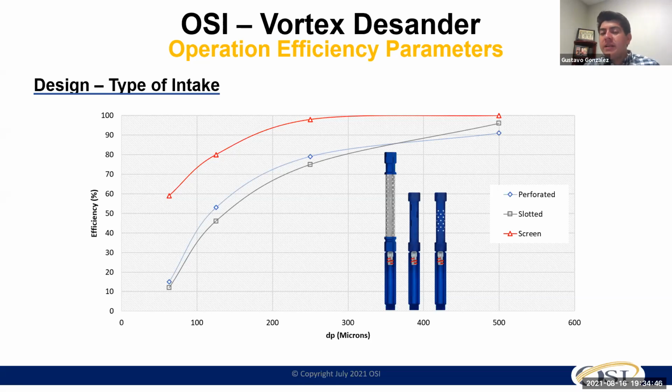So we talked about the design, or the type of intake that I can have, and there is always a relationship also with efficiency. We already talked about the efficiency just for the desander, but when I choose a different intake, we're going to see that the reason you maybe will see a higher rate or a higher efficiency when you use the screen is because now you're regulating more the fluid velocity that passes through.